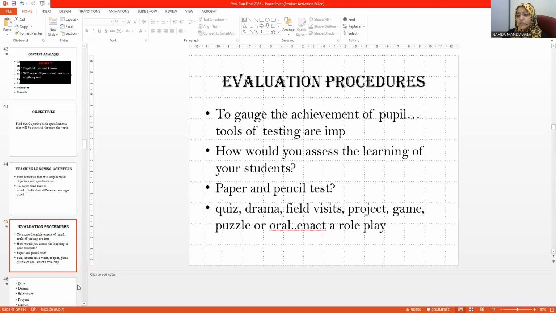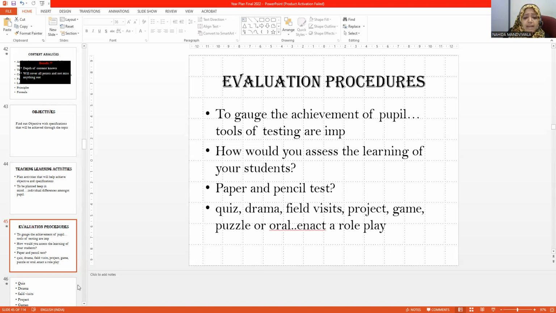When do you evaluate? It can happen as a summative evaluation, that is your term examination. You can have it as a formative evaluation, that is as soon as the chapter gets over, you test. At the end of the period, you can test. Also, while you're teaching, you test.